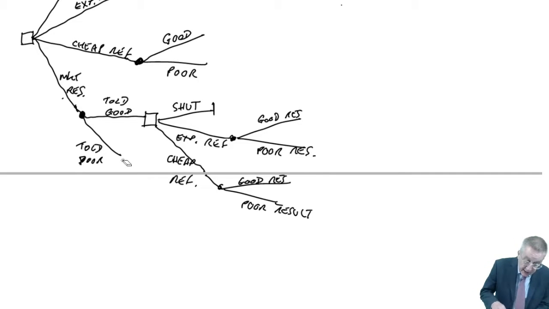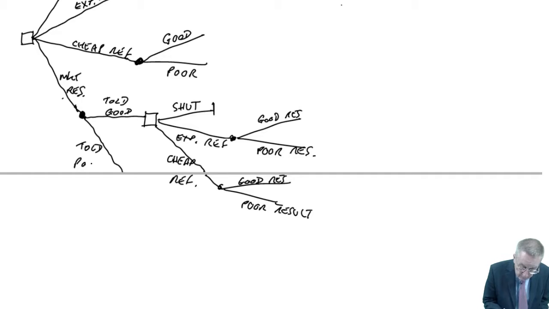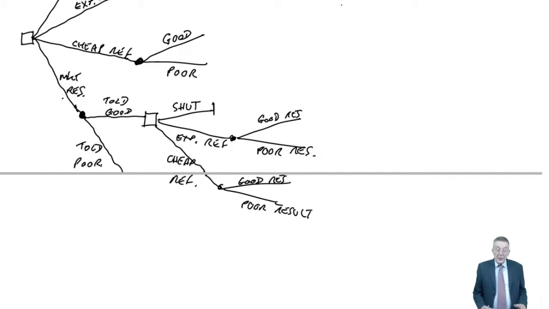And so, if this happens, if we've done the research, if they tell us it's poor, we've already decided we're not going to do the expensive refurbishment, but we still will have to decide, surely.